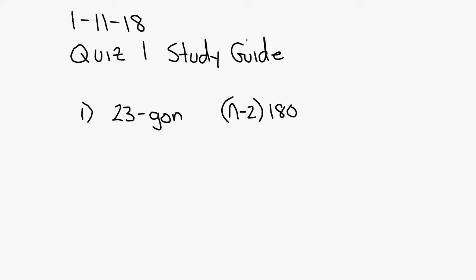In this case, your n is 23. N represents the number of sides. So you have 23 minus 2 times 180. 23 minus 2 is 21, so 21 times 180 is 3,780 degrees. Okay?